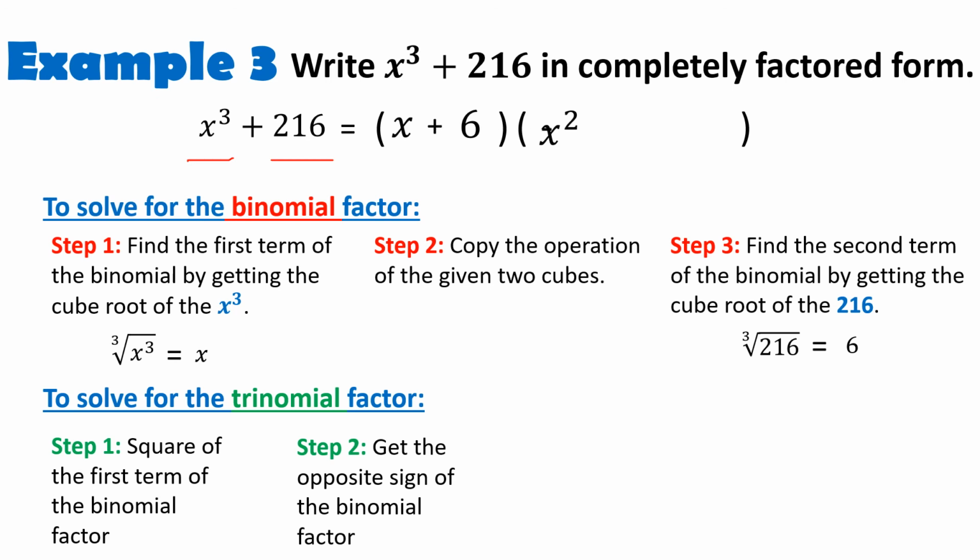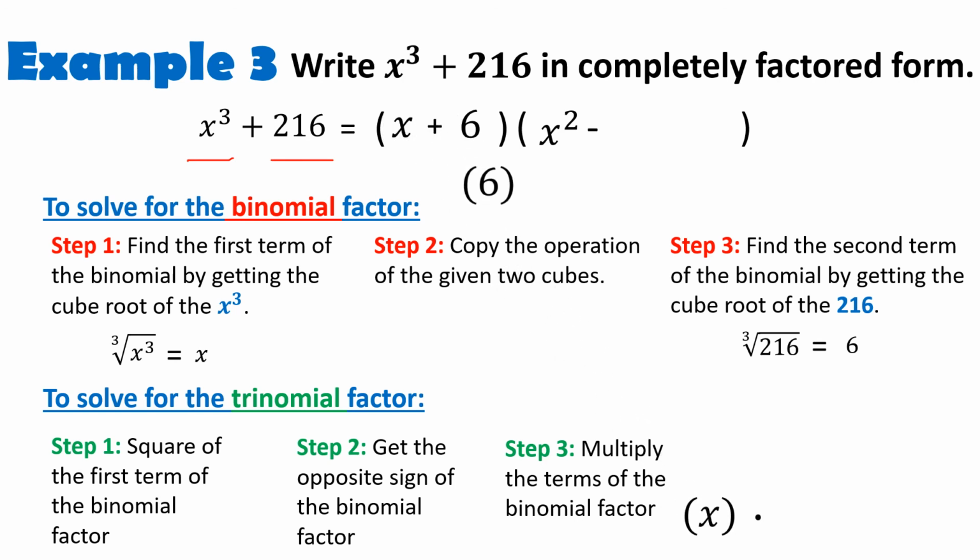The opposite sign of plus is minus. Step 3. Multiply the terms of the binomial factor. So x times 6 is equal to 6x. Write down the operation plus.